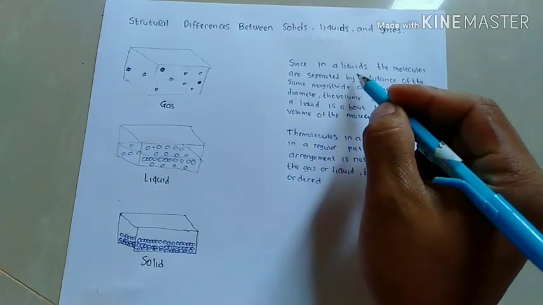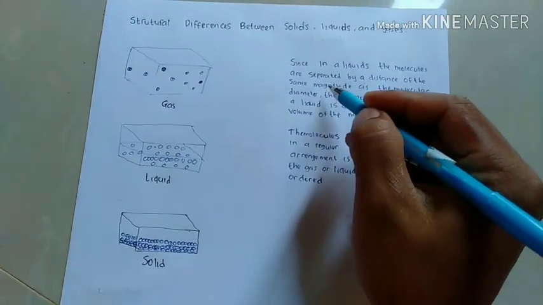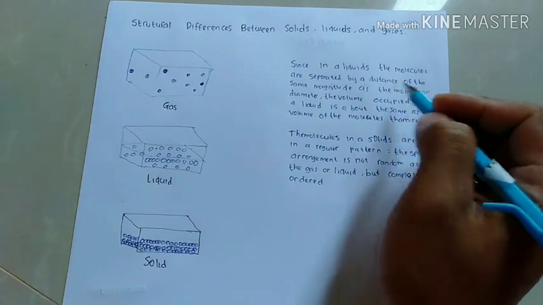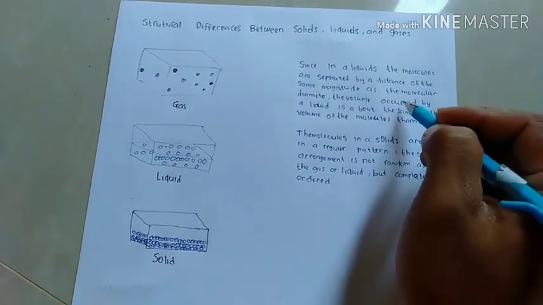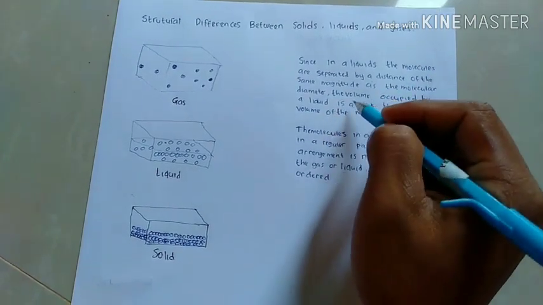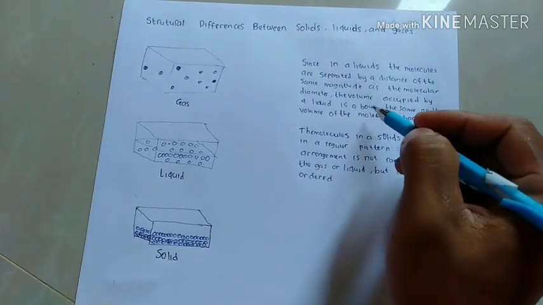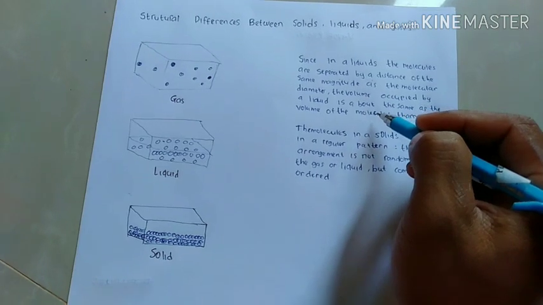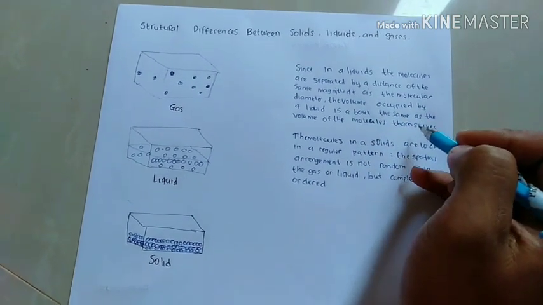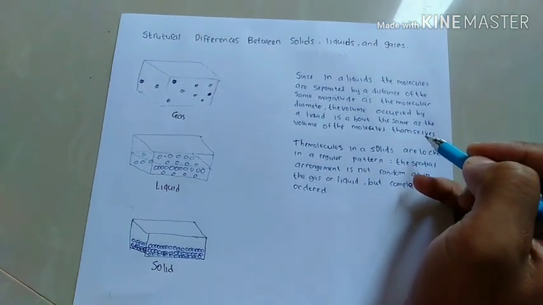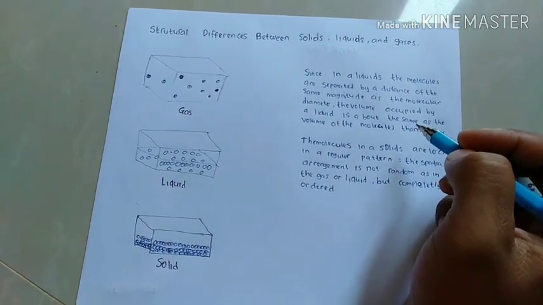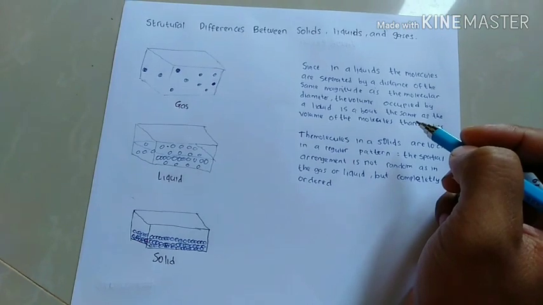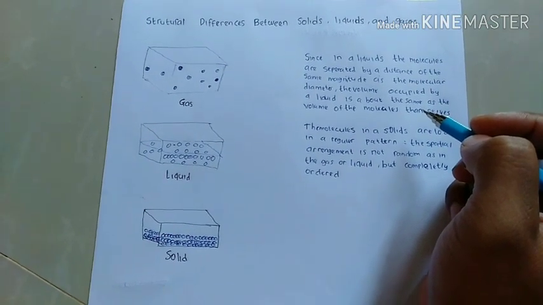Since in a liquid the molecules are separated by a distance of the same magnitude as the molecular diameter, the volume occupied by a liquid is about the same as the volume of the molecules themselves. At such close distances, the effect of the intermolecular forces is very large.